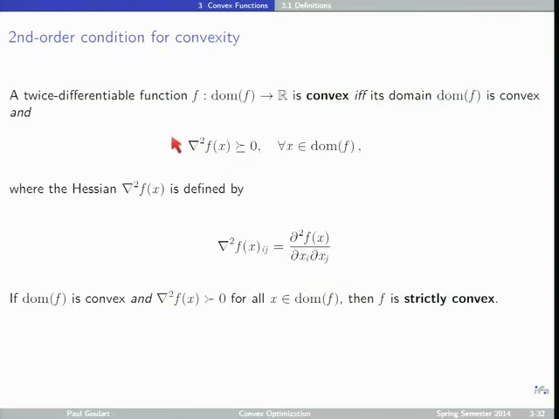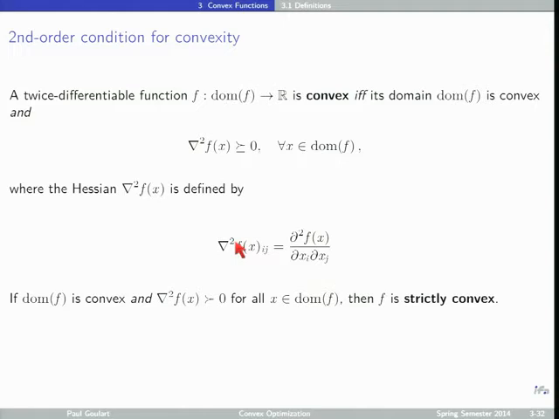We call this the Hessian. It's the matrix that I get by differentiating the function by every combination of variables in the vector x and forming them into a matrix. I just look at the eigenvalues, and if all the eigenvalues are always non-negative, then I say I have a convex function. And if all of the eigenvalues are actually positive, then I say I have a strictly convex function.